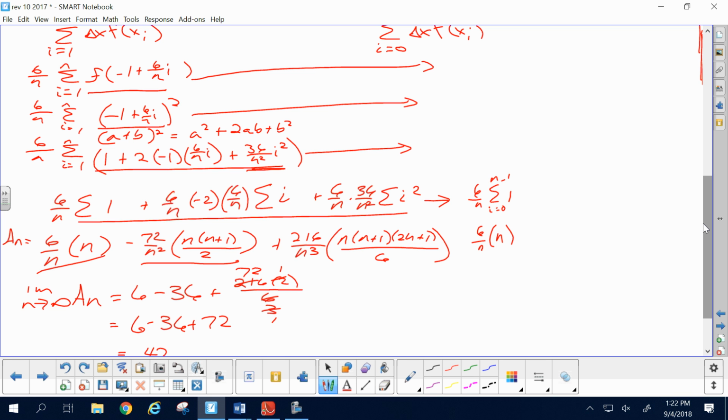Next guy, I still have negative 72 over n squared times a bunch of i's. But I'm going from 0 to n minus 1. All right? Now, I know that if I start at 1 and go to n, it's 1 plus 2 plus dot, dot, dot, through n, and it adds to, by formula, this, yeah?